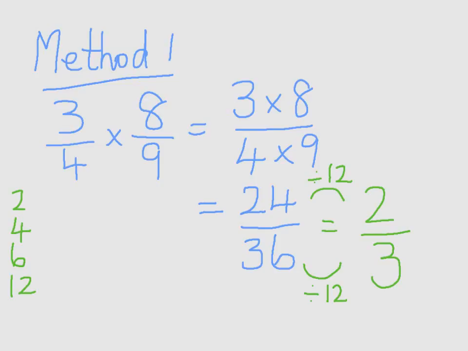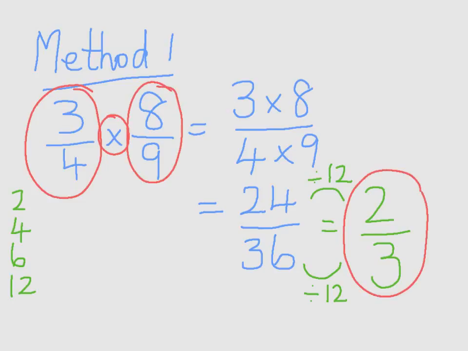So 3/4 times 8/9 equals 2/3. So that's method 1.